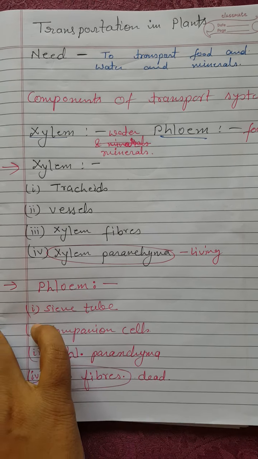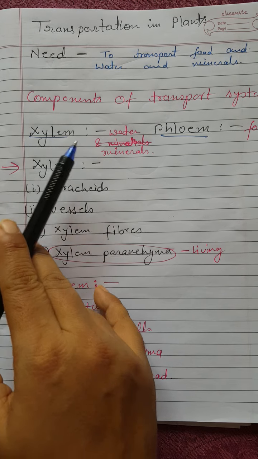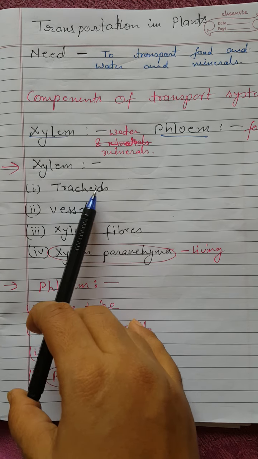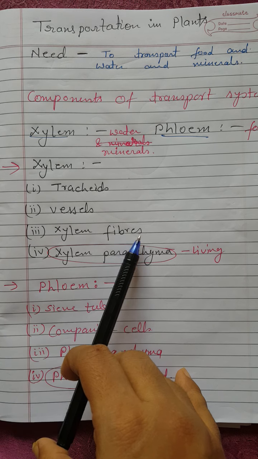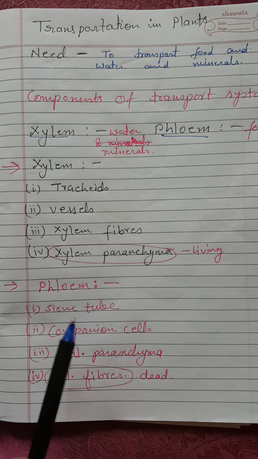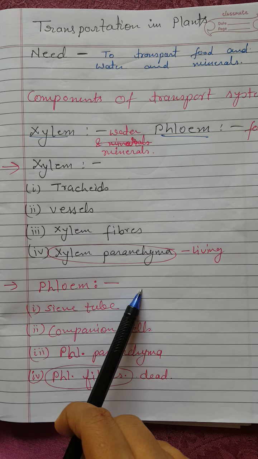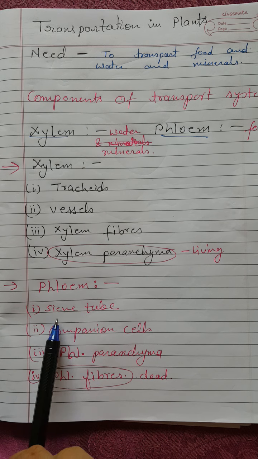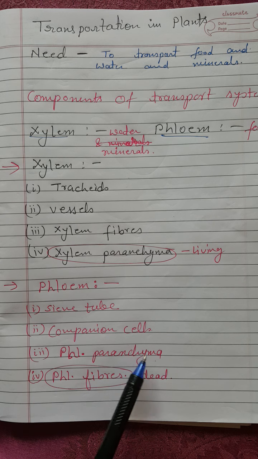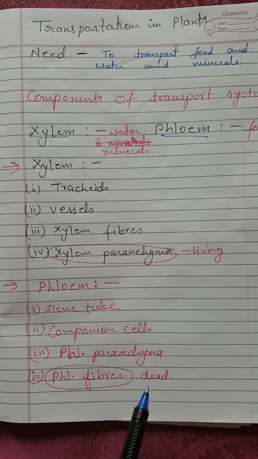You must remember that we call xylem tissue dead tissue, because out of these, tracheids, vessels and xylem fibers are dead cells. Only xylem parenchyma is living. And we call phloem tissue living tissue, because in phloem, sieve tubes, companion cells and phloem parenchyma are living cells. Only phloem fiber is dead.